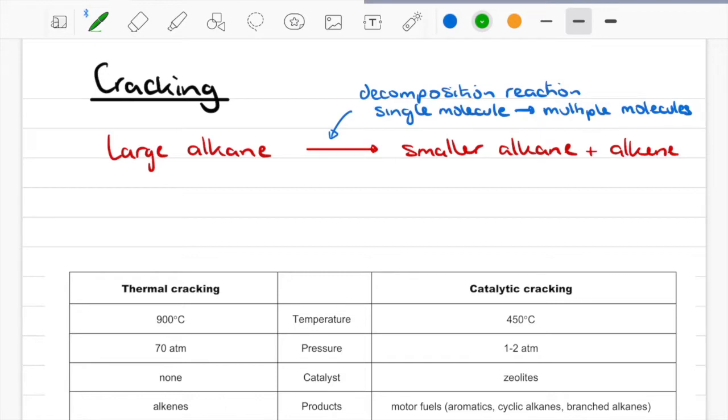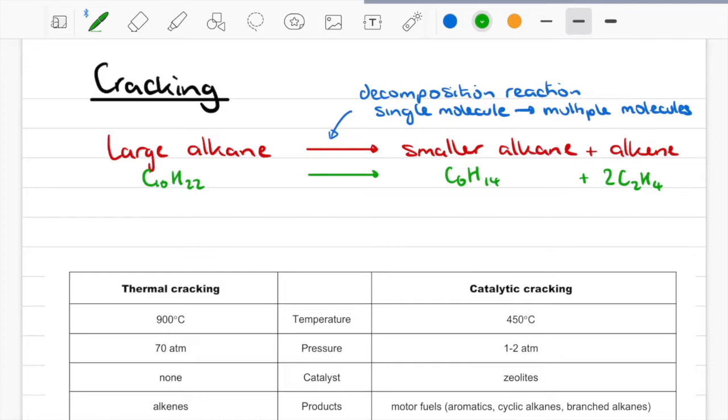We could take an alkane like decane, so C10H22, and that could be broken down into hexane, and then possibly, just for this example, 2 molecules of ethene.